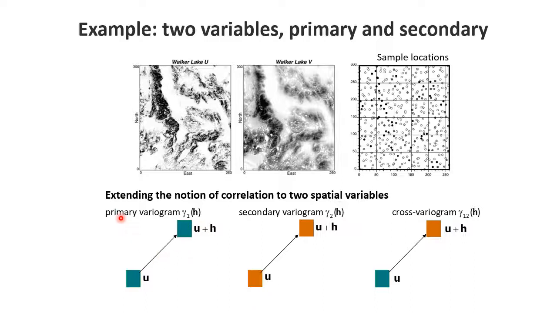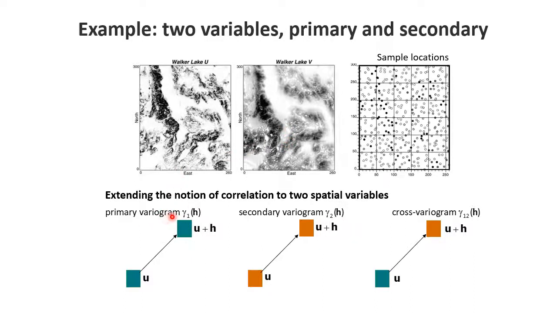Now, this primary and secondary is perhaps a little bit confusing. We don't have to choose what is 1 and 2. We can call this 1, we call this 2, or this 2, this 1. Typically, Z1 is called primary, and Z2 is called secondary. And that has some reason later on when we talk about collocated co-kriging and specific examples that involve only 2 variables at a time.